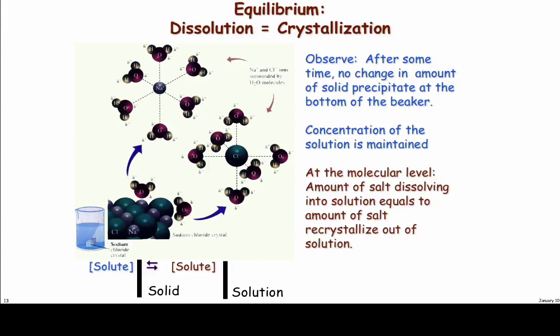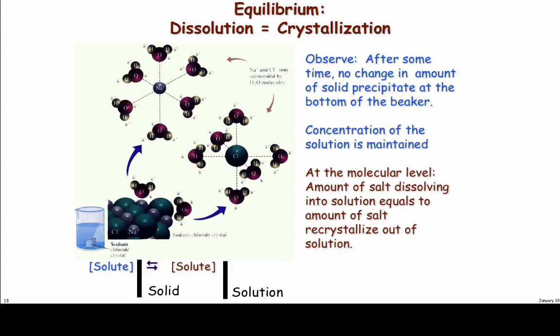Here's another example of water dissolving an ionic substance. When salt dissolves, it dissolves to a limit and then it stops dissolving. What actually happens is that as some of the ions go into the solution, other ions will go back into the lattice, and we have something called an equilibrium.